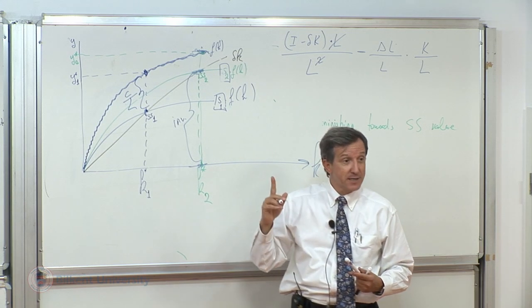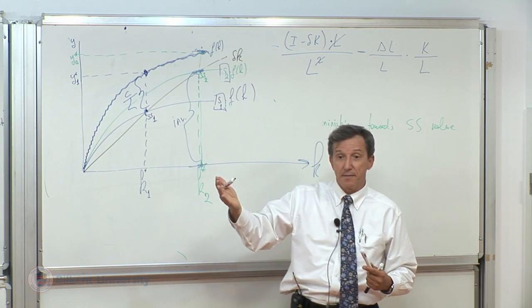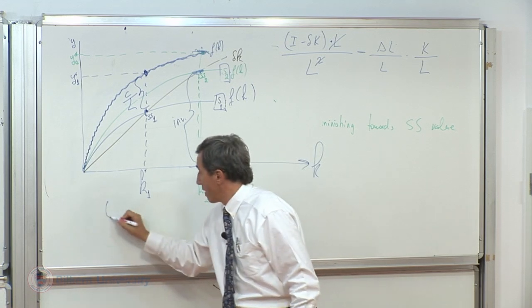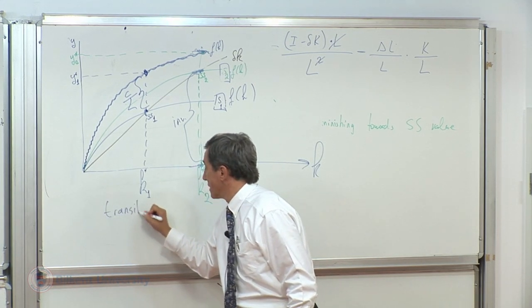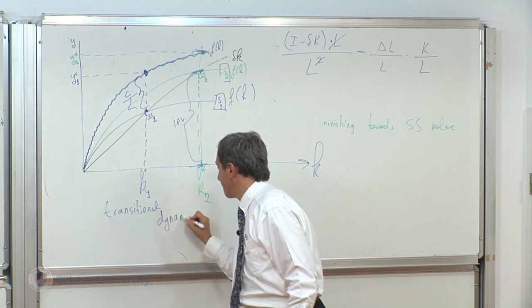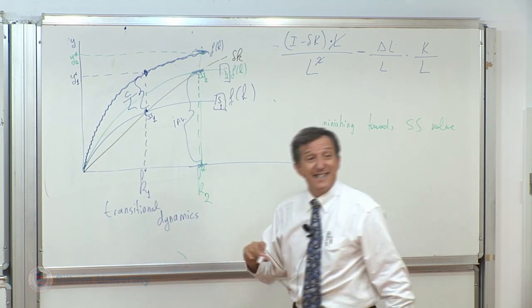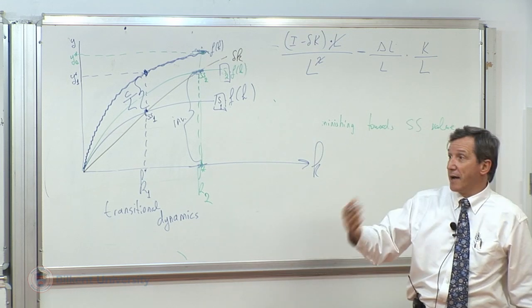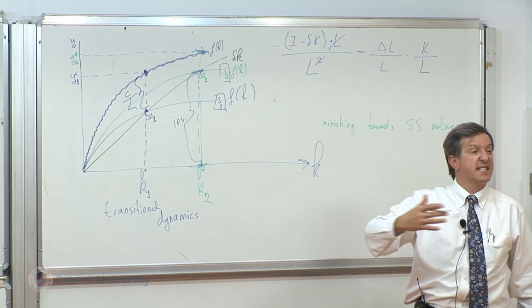The rate of growth increases, but at a decreasing rate. This we call transitional dynamics. There is a transitional dynamics towards the steady state.